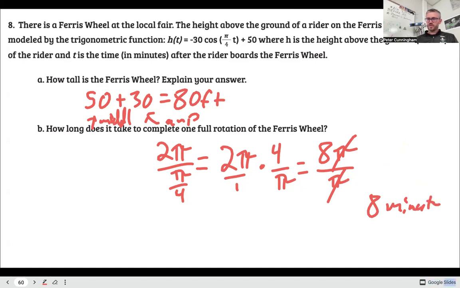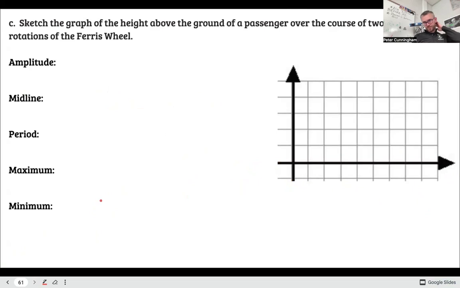Might seem like just weird math to get there, but essentially this is saying it's going to take you 8 minutes to ride around this entire Ferris wheel. Okay. Now we've kind of given you a little bit of help here.